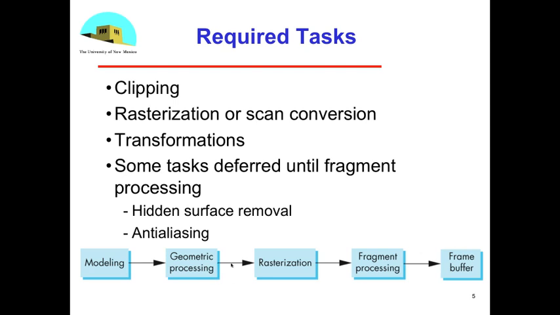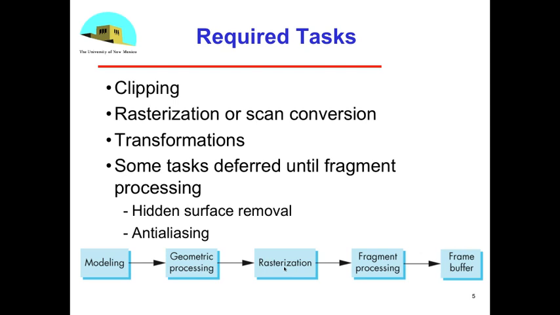You really want to throw away things that you can't possibly see. You may have objects that are obscured by other objects which you won't find out about later, but at least on an object by object basis we can decide which things are outside of the clipping volume and throw them away. So primitive assembly and clipping are happening over here at the end of geometric processing.